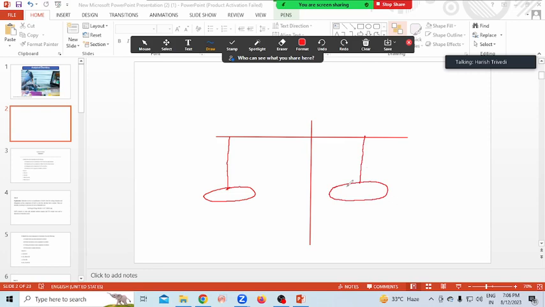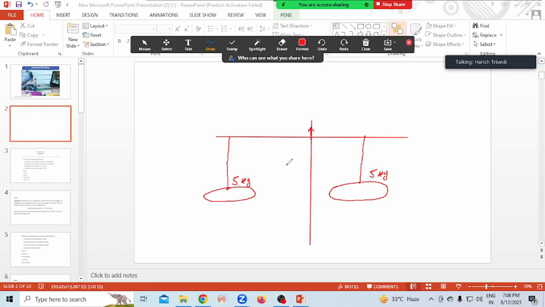If you are taking 5 kg here and the same 5 kg here, what is the meaning of this? That the needle will remain at the middle, and you can say that your balance is in equilibrium because both sides are equal.